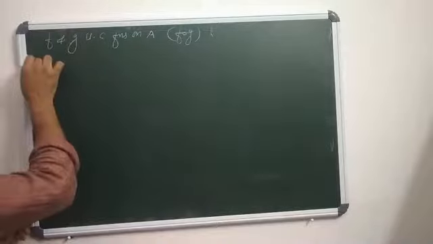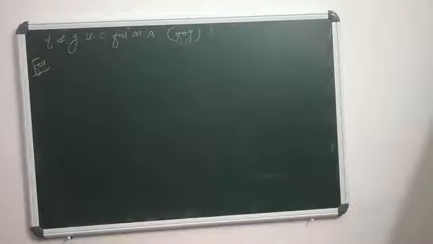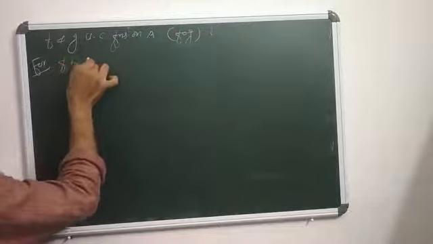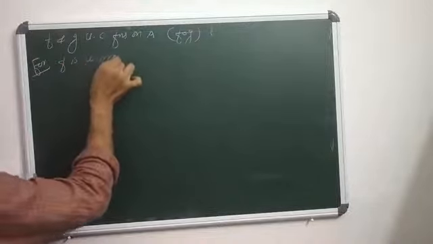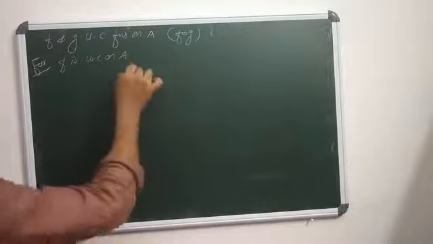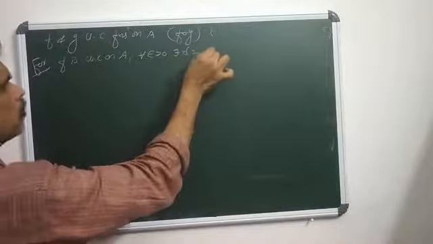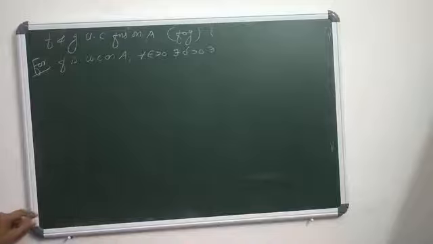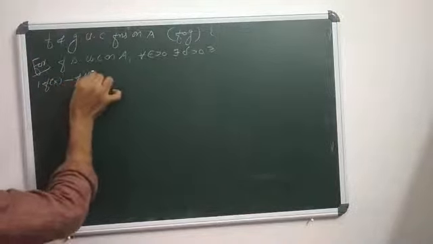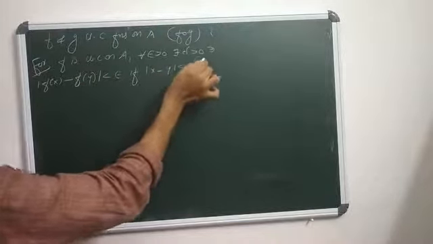So consider f and g are uniformly continuous on A. If f is uniformly continuous on A, that means for all epsilon positive, there exists some delta positive such that modulus of f of x minus f of y is strictly less than epsilon provided modulus of x minus y is less than delta.